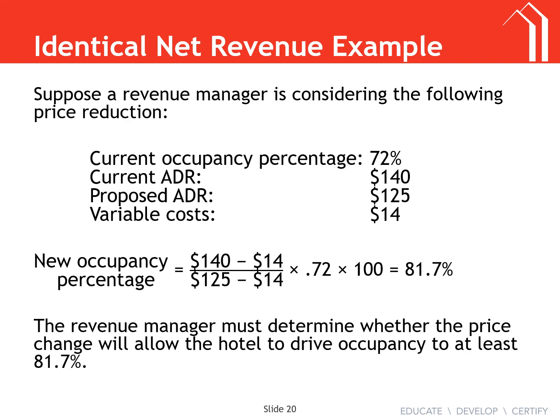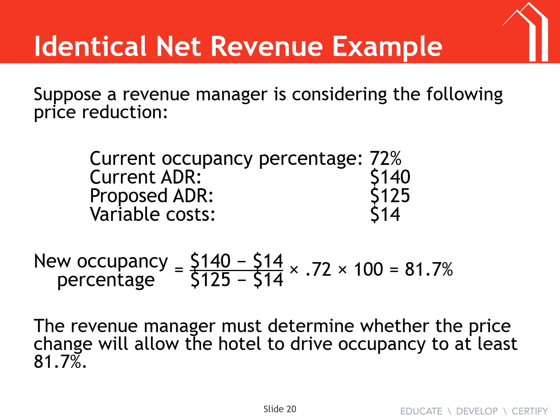So we take our variable costs out of each one. So 140 minus 14, 125 minus 14. Then we multiply that by our current occupancy percentage, okay? And then by multiplying by 100, we get it back to our normal percentage number. That just moves those decimal places, okay?